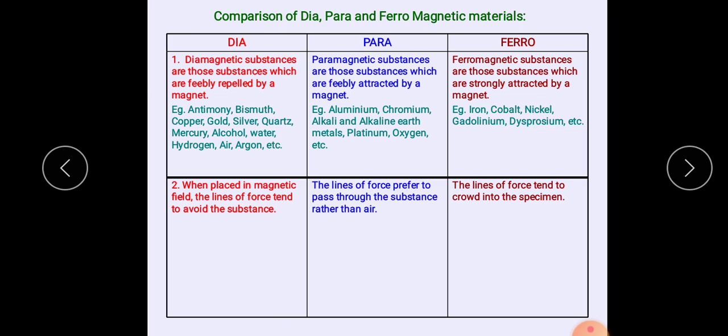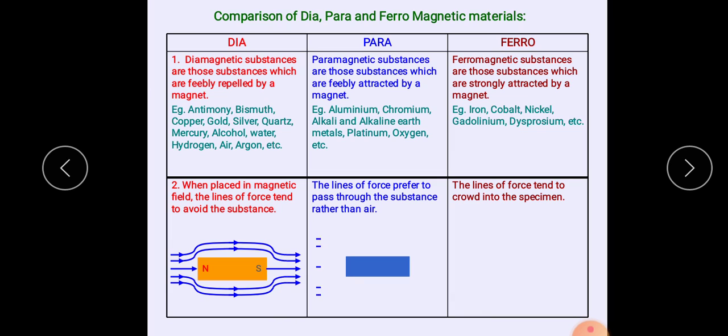In case of diamagnetic substances, the magnetic field lines will not pass through the material. In paramagnetic, they will pass through the material, and in ferromagnetic, they will strongly pass. Suppose a paramagnetic or ferromagnetic material is there. Now you can see the magnetic field lines are not going into the material in the diamagnetic case.